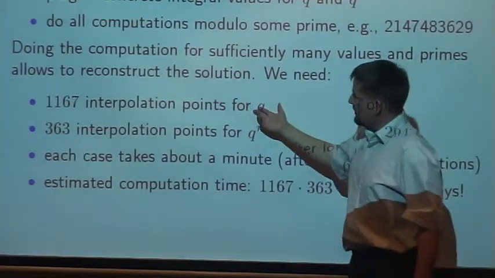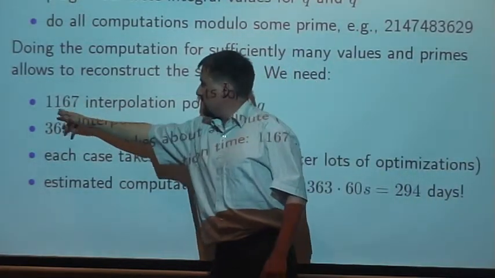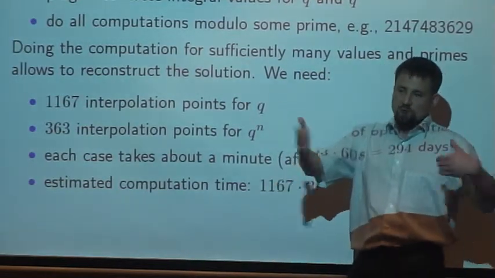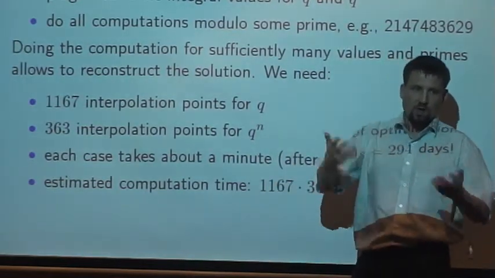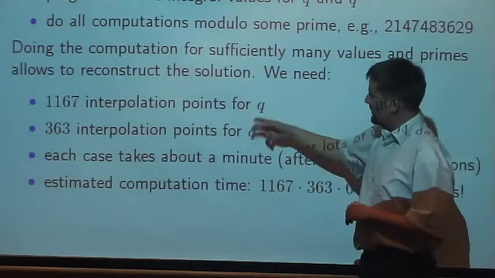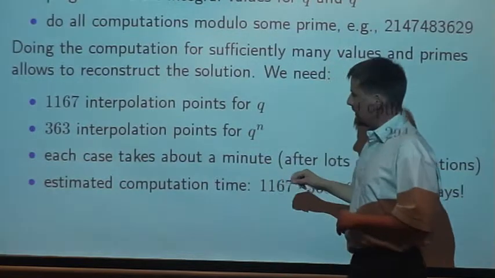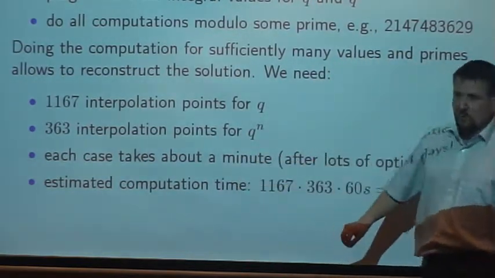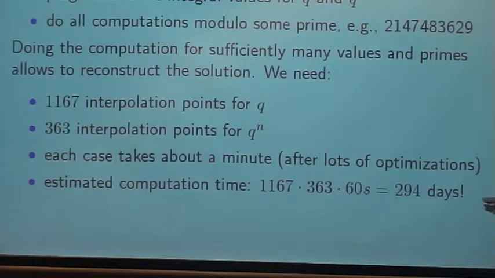And so if you go up to 1200, and your interpolation gives you a polynomial of much smaller degree, you can be quite sure that this is the correct one, right? And same thing, I got this estimate for the Q to the n. And then it's a simple calculation. You see that each case takes about a minute. You multiply everything together, and you get 294 days.